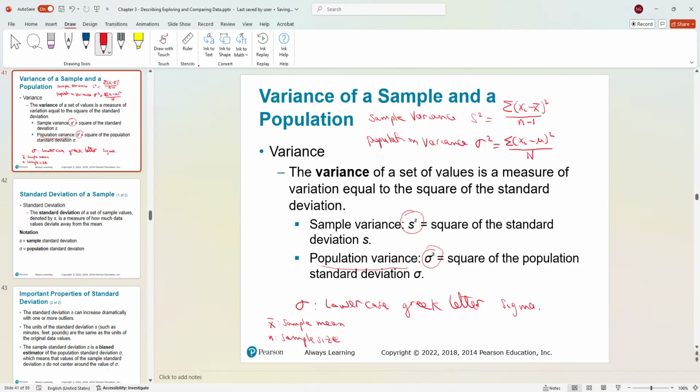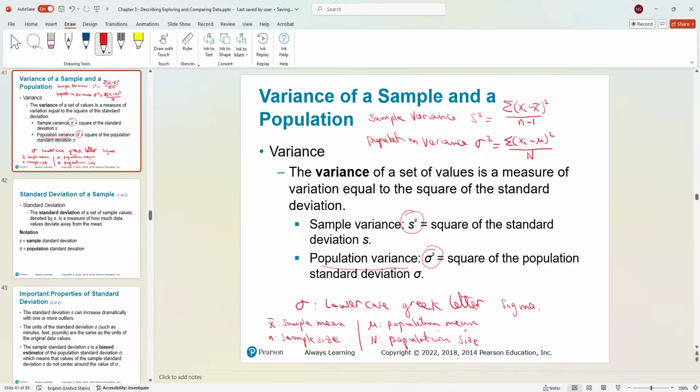Remember, the mean mu is the population mean, and capital N is the population size. That's very important.